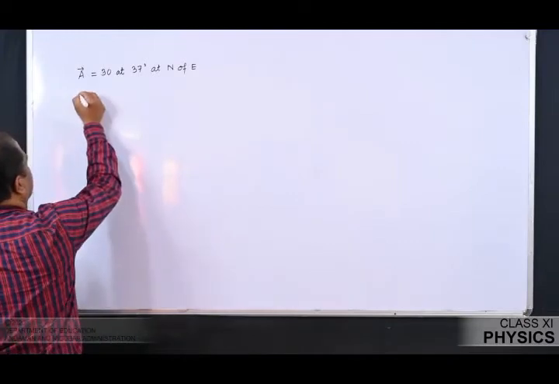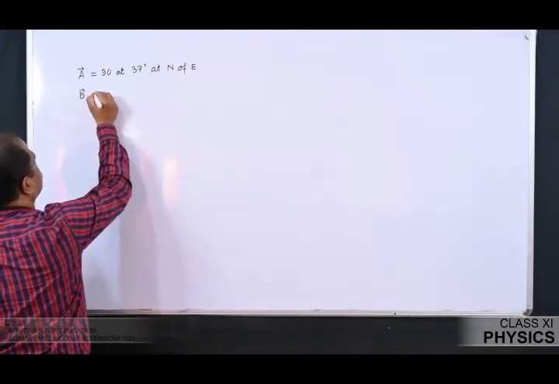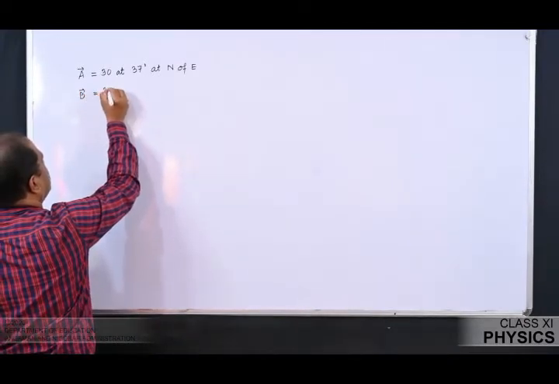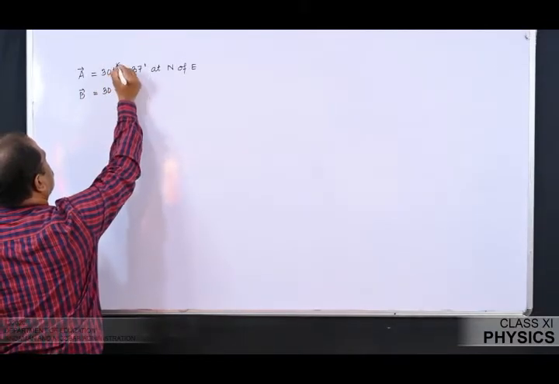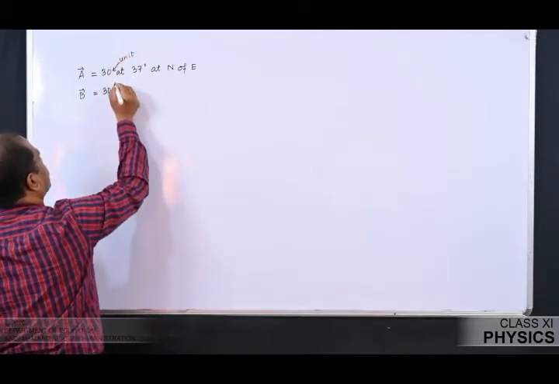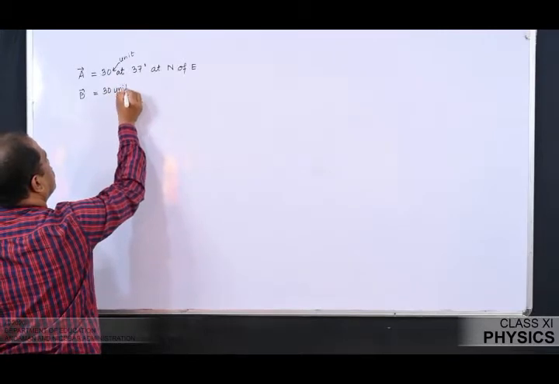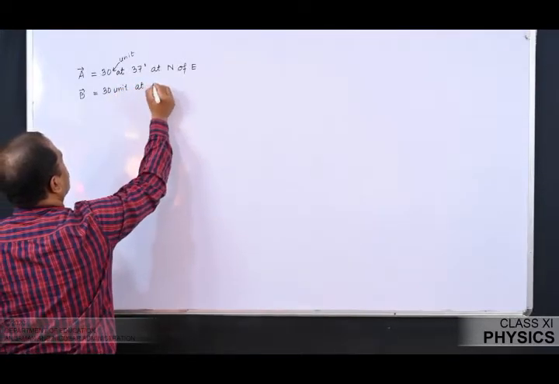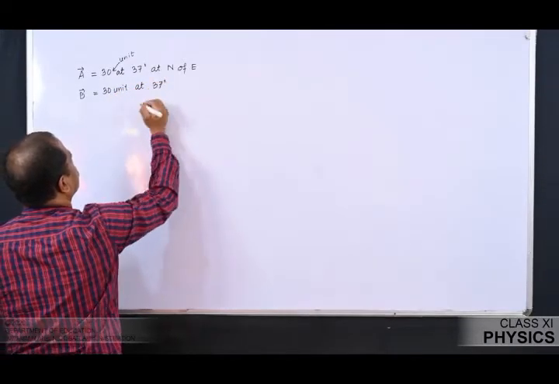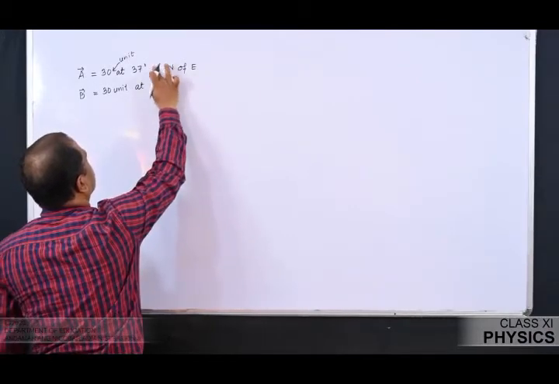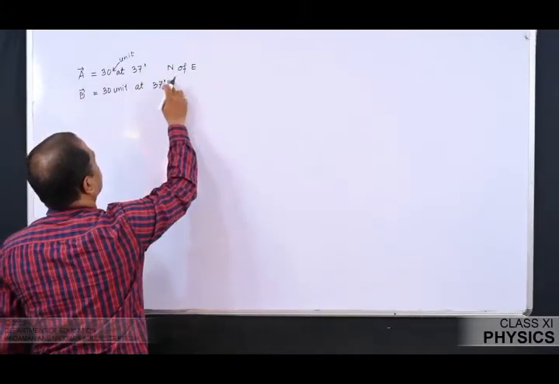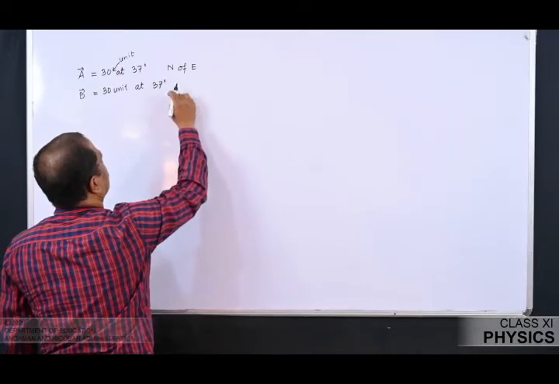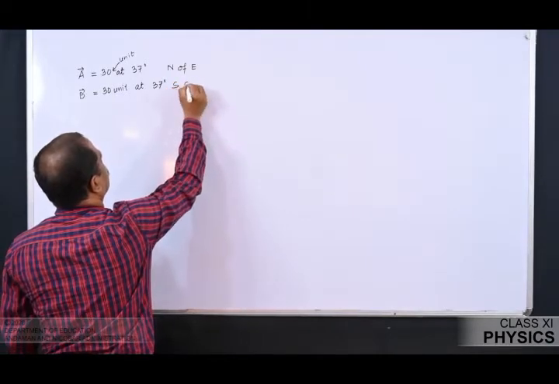And the second vector is vector B, which has a magnitude of say 30 units at 37 degrees south of east.